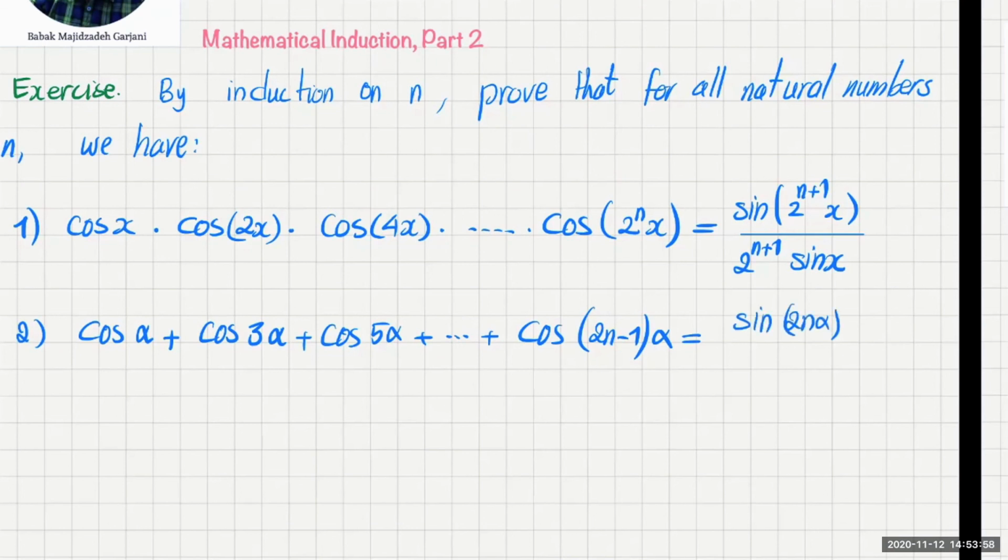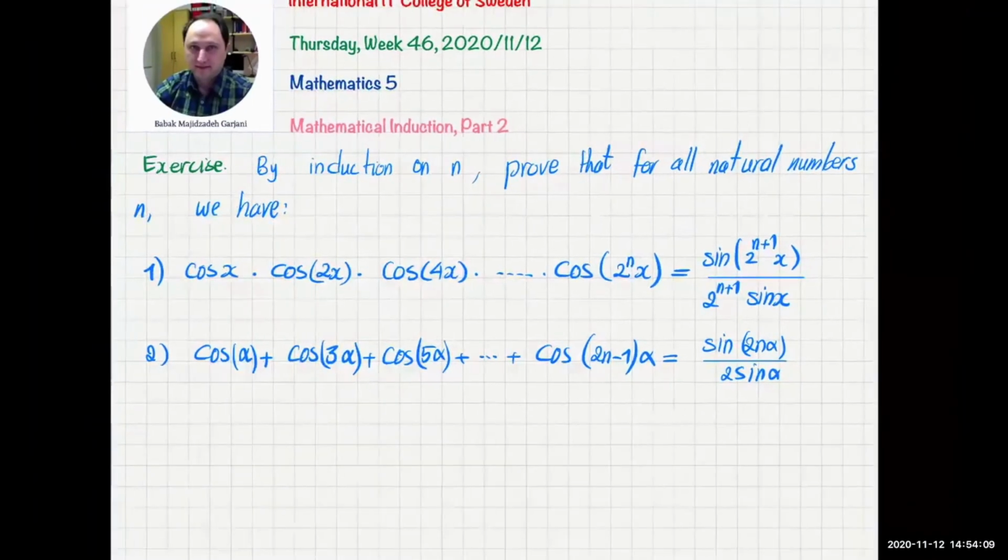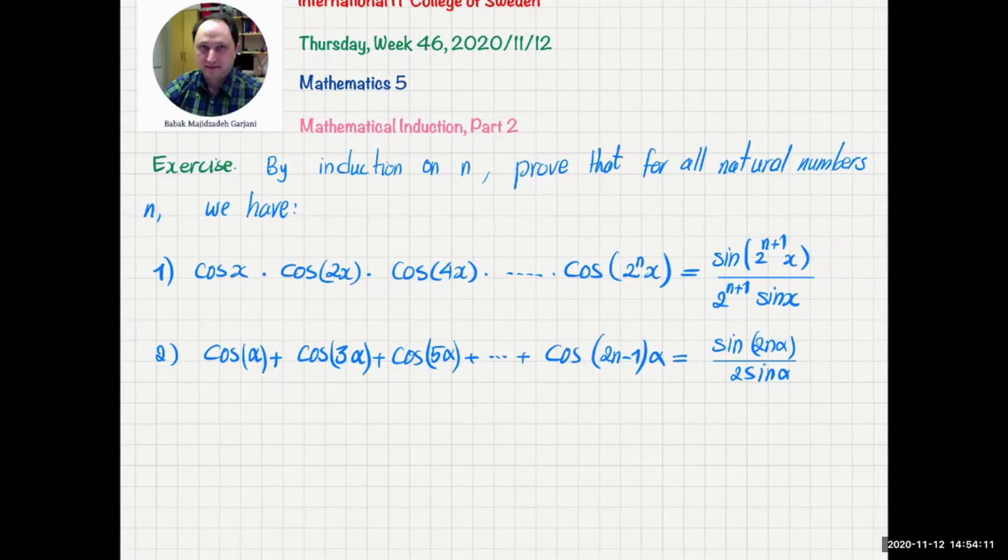Let me put the brackets around them, even though it's not necessary. Divided by 2 sine alpha. So if you want, you can put a pair of brackets around. Okay, so these 2 problems, I recommend you, if you are interested to improve your skills, you can work on them as well.